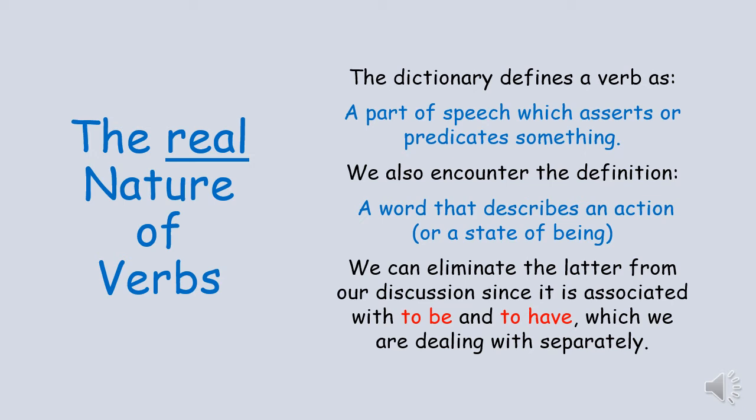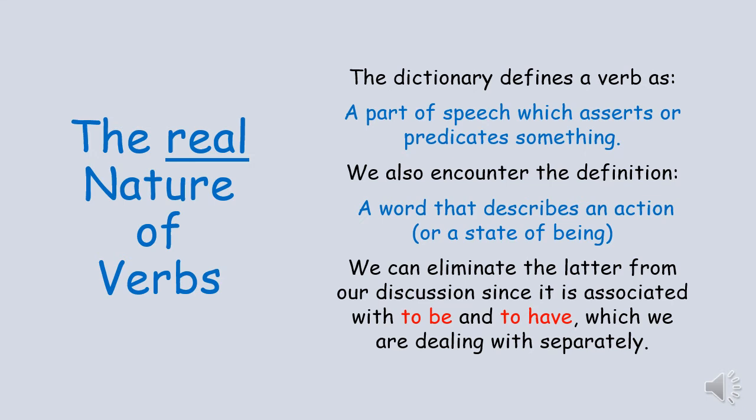At this point in the lecture, we're now going to take another detour, and we're going to examine the real nature of verbs. If you look in the dictionary, it defines a verb as a part of speech which asserts or predicates something, which I suggest doesn't really take us very far.